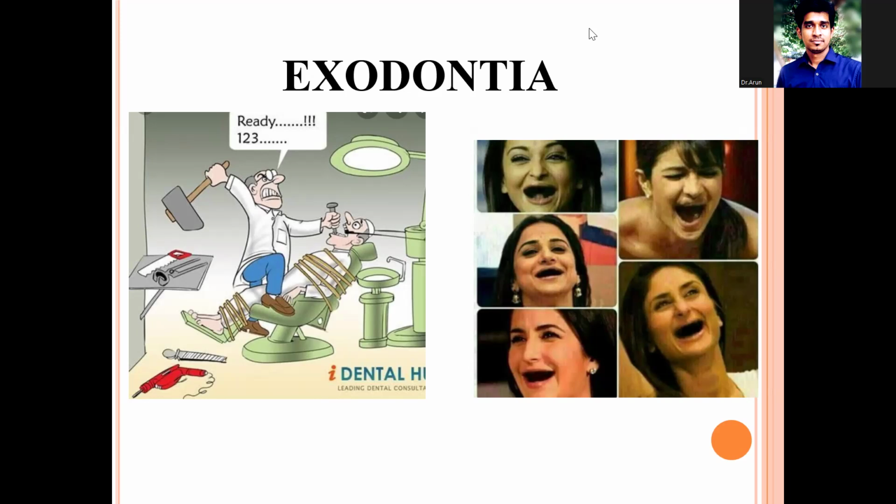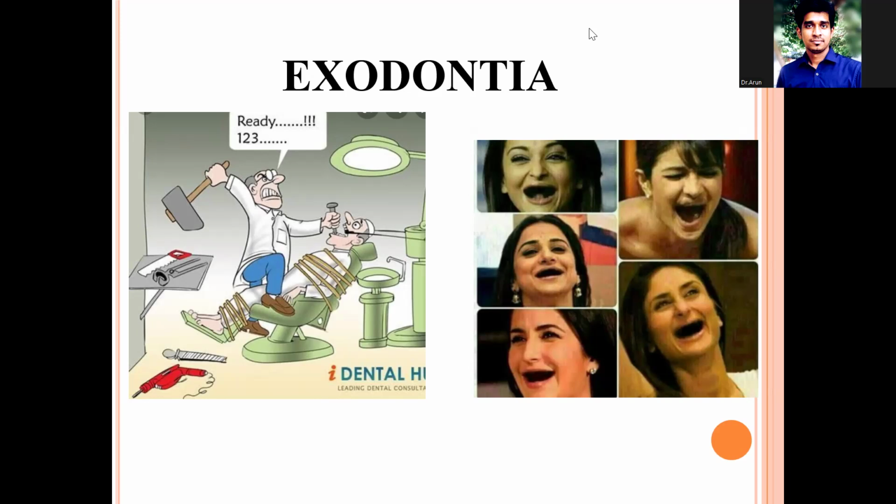Principle of forceps. Goals of forceps use: expansion of bony socket by the use of wedge-shaped beaks of forceps, removal of tooth from the socket. What forces do we usually give during extraction? One is apical force, buccal force, lingual force, rotational force, and tractional force.